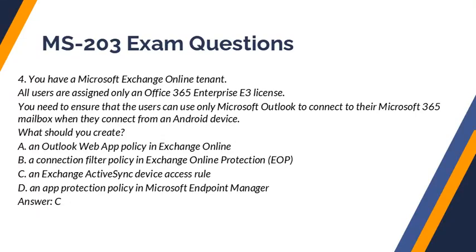What should you create? A. An Outlook web app policy in Exchange Online. B. A connection filter policy in Exchange Online Protection, EOP. C. An Exchange ActiveSync device access rule. D. An app protection policy in Microsoft Endpoint Manager. Answer: C.